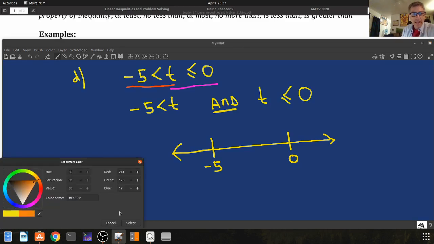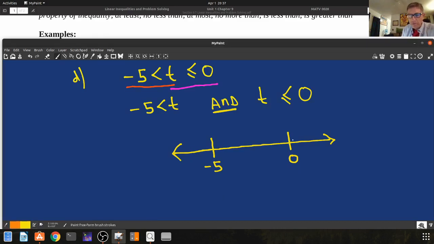So t can actually be 0. 0 is included, so I'm going to color it in. But it has to be greater than minus 5. So minus 5 isn't included. So it's all of these numbers in between those 2 points.